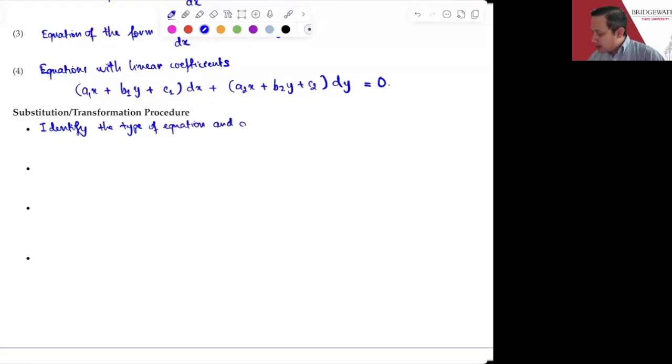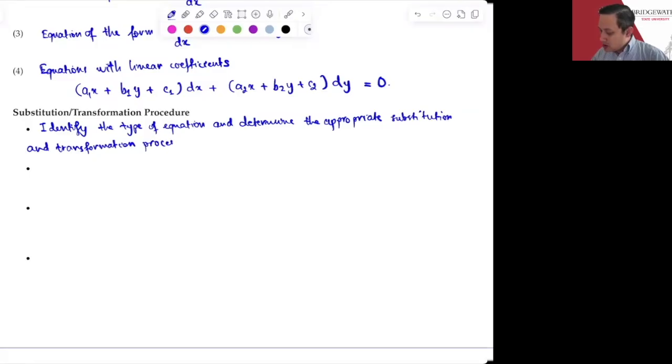And determine the appropriate substitutions and transformations process. Right.